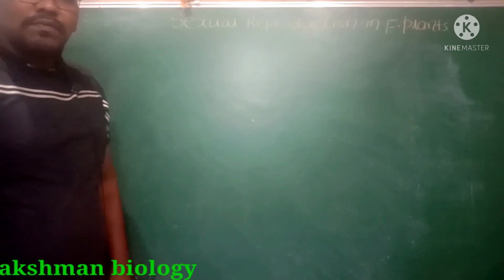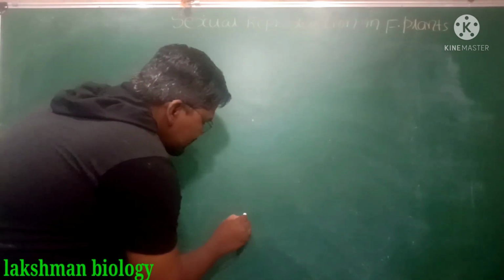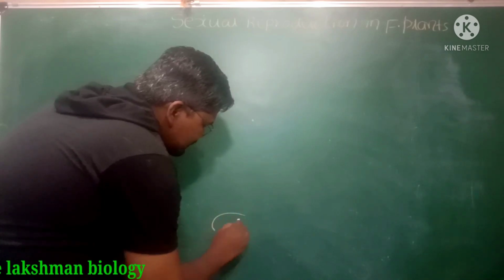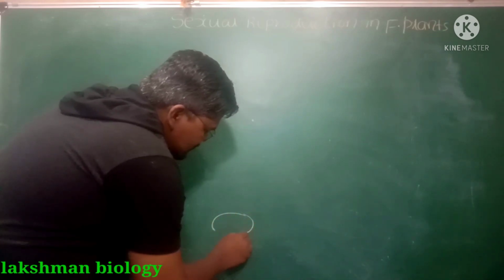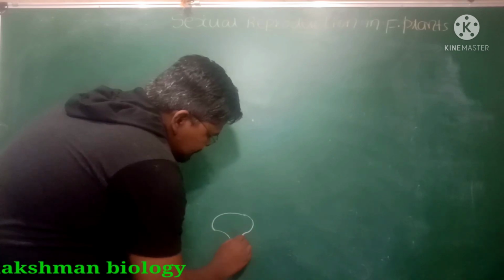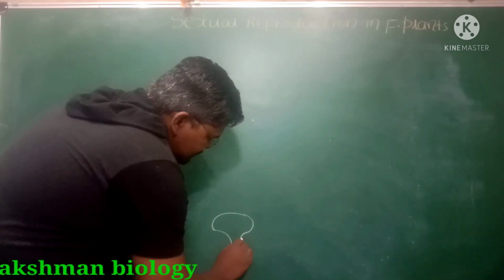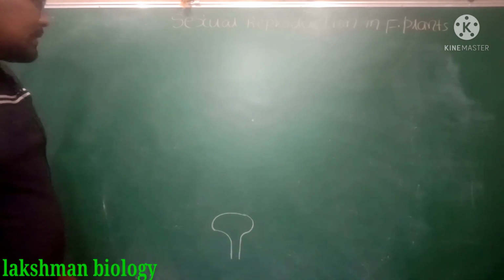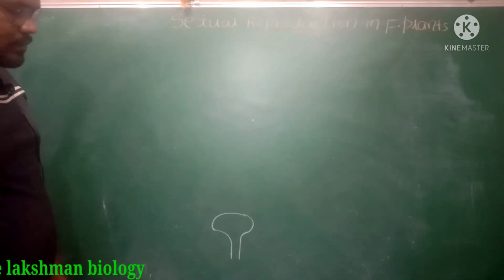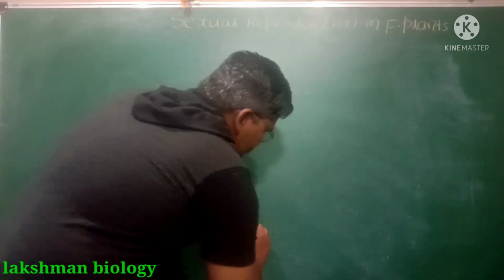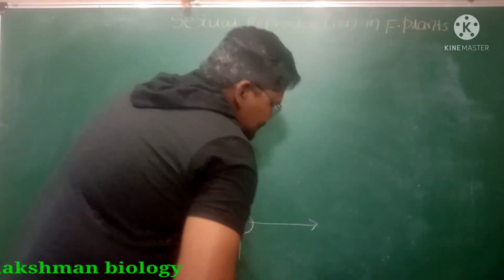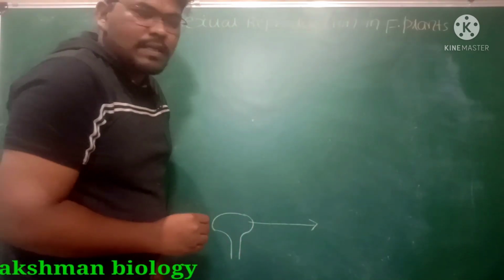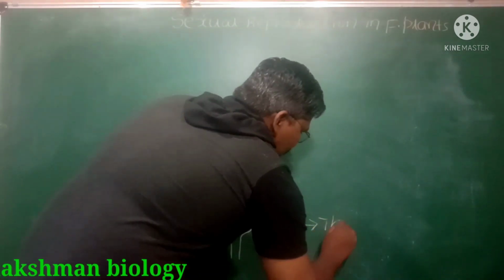If you see the flower, it is a modified stem. Our flower is formed from the modified stem. The modified stem from which the flower is formed is the thalamus.